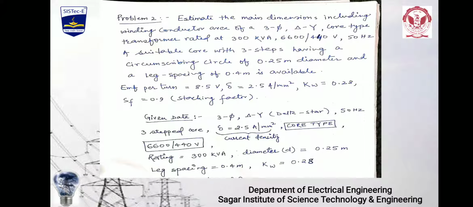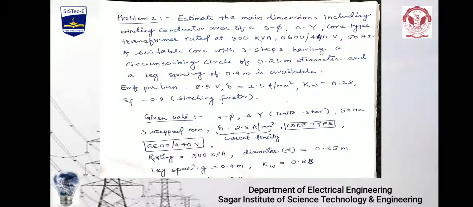Problem number 2 is: estimate the main dimensions including winding conductor area of a 3-phase delta star core type transformer rated at 300 kVA, 6600/440 volt, 50 Hz.